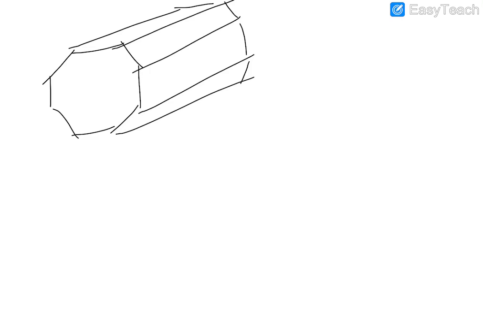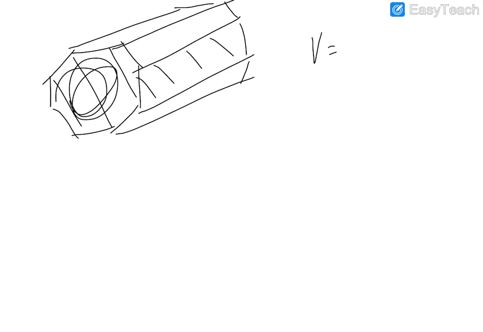Then to get the surface area, just add it up. Add up all these rectangles, length times width, and then add the area of the two faces. And volume is equal to the base area times the height.